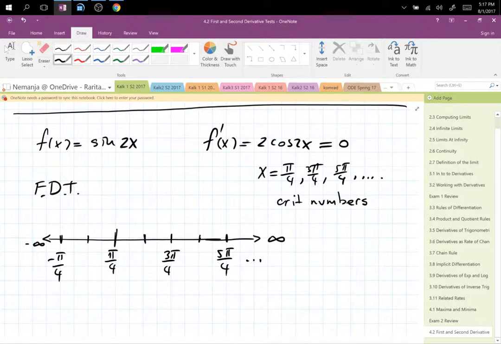Because sine is the original function, it has the maximum at pi over 4. Cosine is the derivative, and it has a 0 at pi over 4.